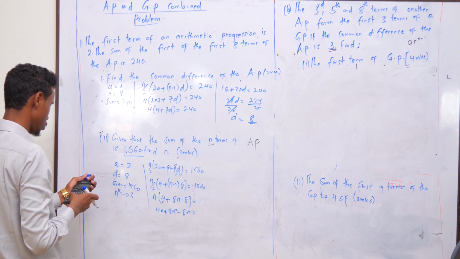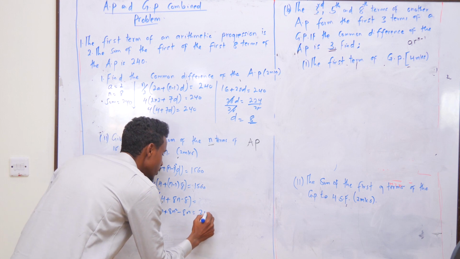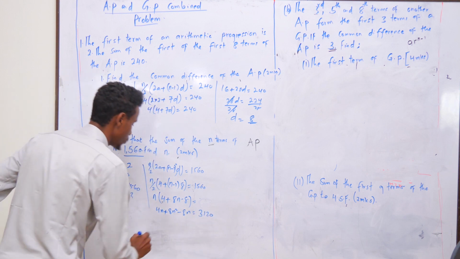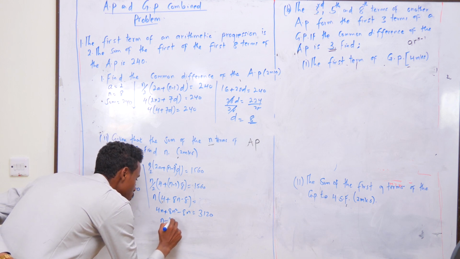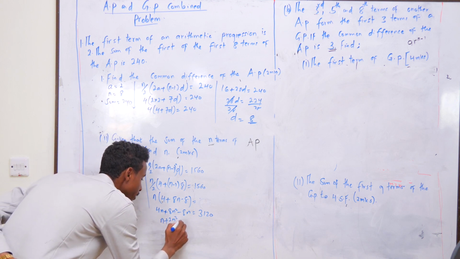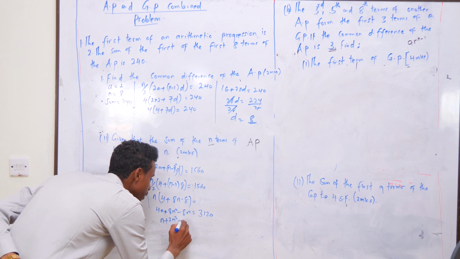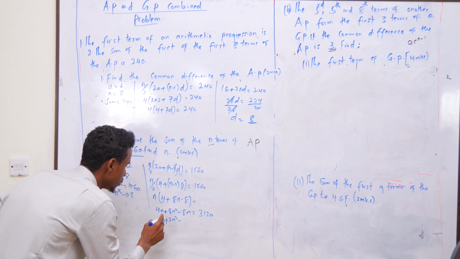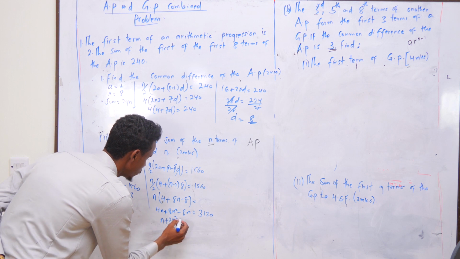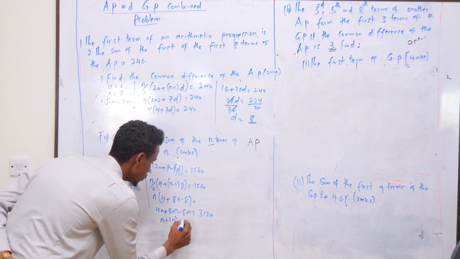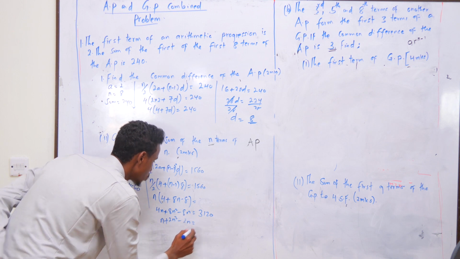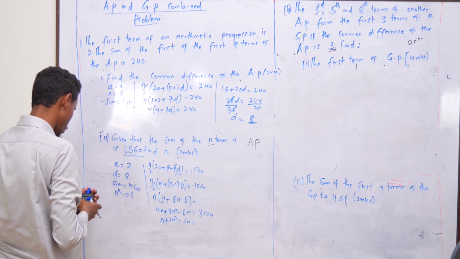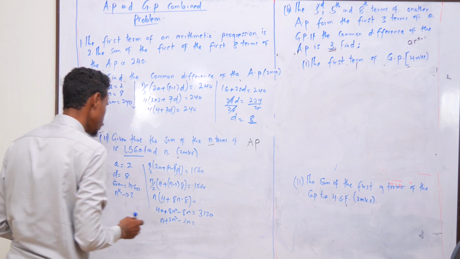Now finishing up, divide everything by 4. 8 divided by 4 is 2, so 2n is equal to... 3120 divided by 4 is 780.